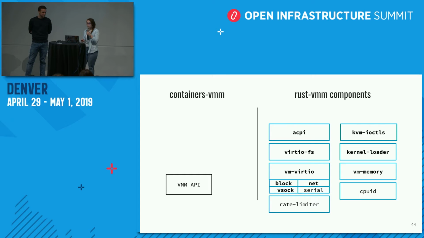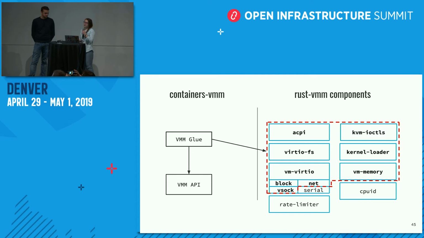So we will need to add the KVM IOCTLs, which essentially provides wrappers for creating a virtual machine, setting up memory for the virtual machine, configuring the number of vCPUs, and so on. Then we also need a kernel loader, which is responsible for loading the kernel image into guest memory. And since we are talking about guest memory, we also need something to provide an abstraction over interacting with guest memory, and that is VM memory.